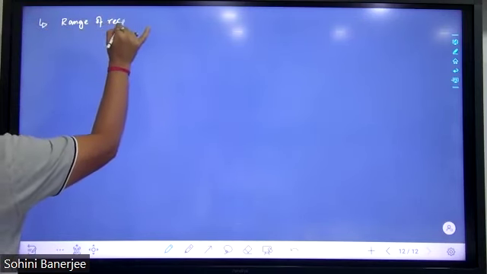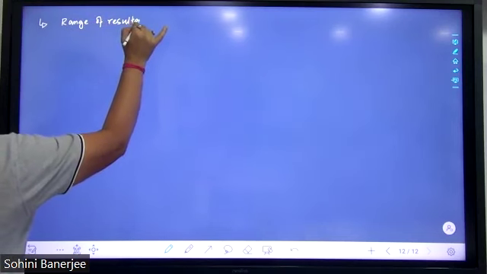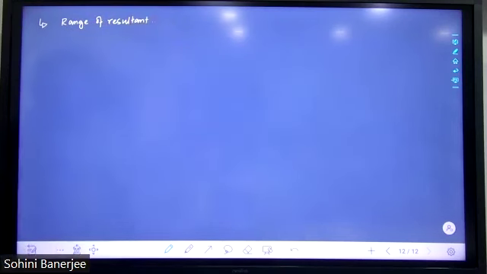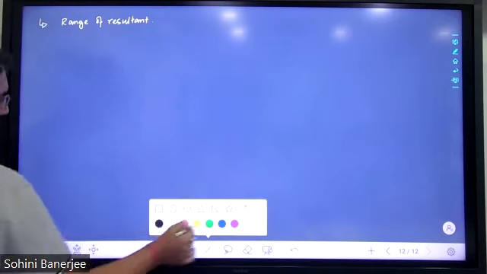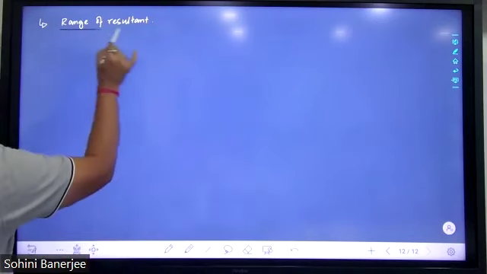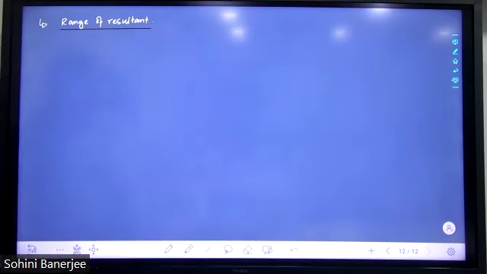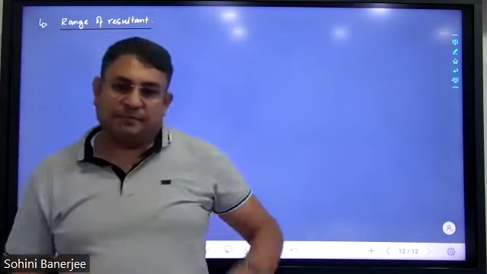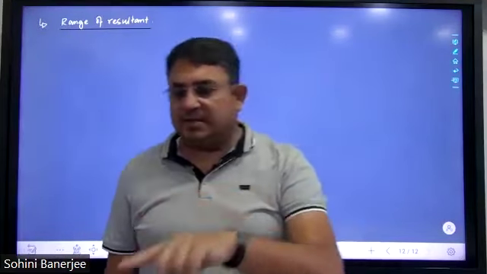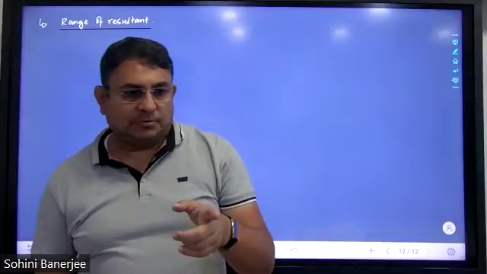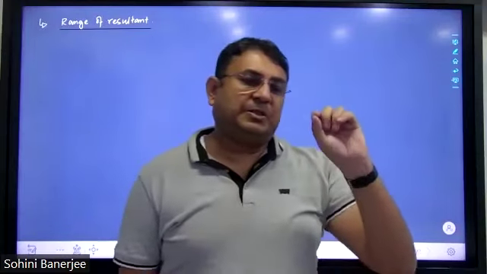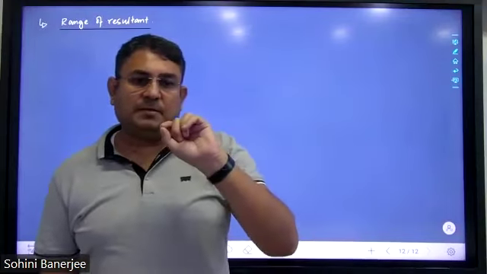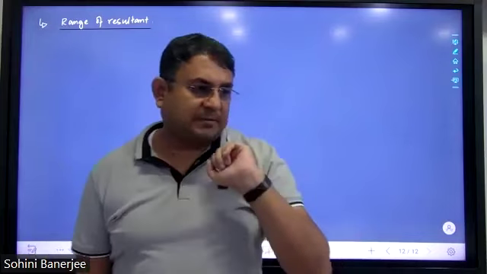Range of resultant. So by now it is clear that if you change theta, the resultant will vary. When theta is 0 degree, that is the maximum possible resultant.